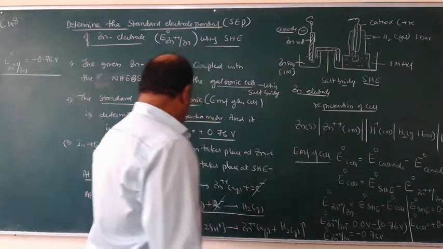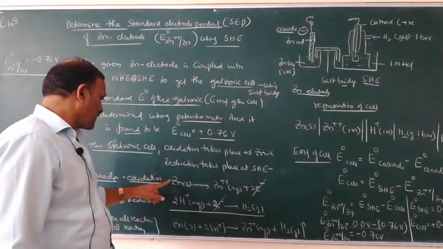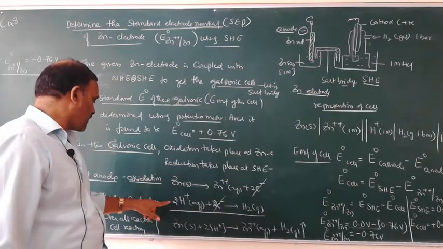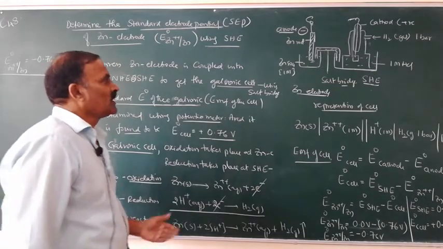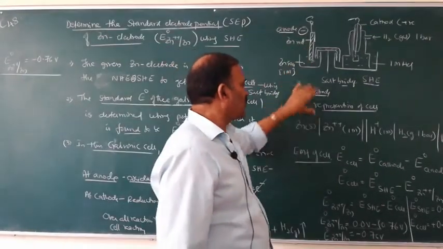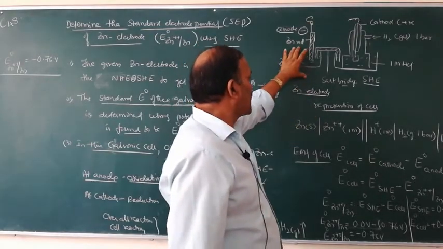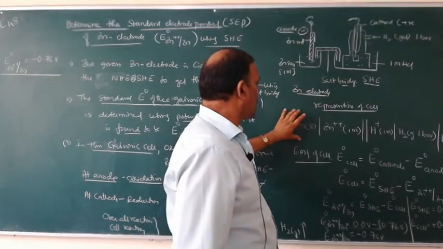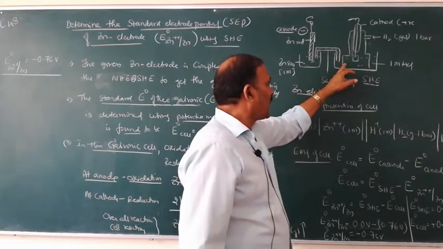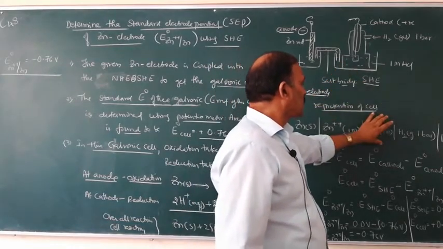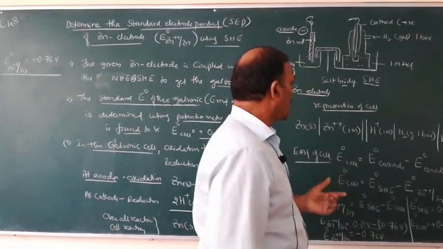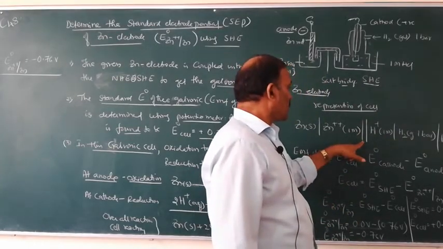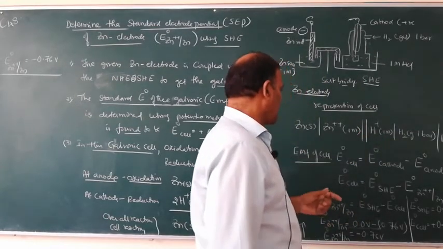So these are the electrode reactions in the zinc electrode and hydrogen electrode, and the overall reaction. And what is the representation of this cell? The zinc electrode, since it is the anode, should be written on the left, and SHE should be written on the right. In between these two electrodes there is a salt bridge, written by two double lines.